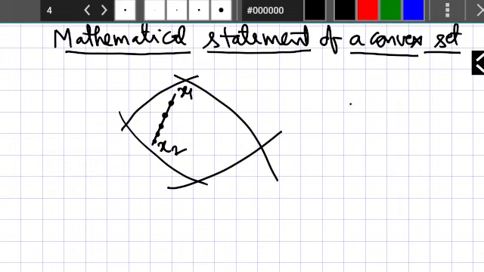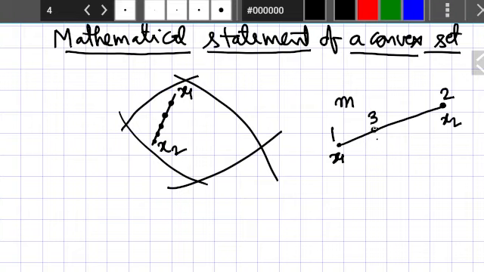In elementary classes you must have read about the section of a line, like this is point 1, point 2, and here some point, another point, we take a new point, point 3, here.